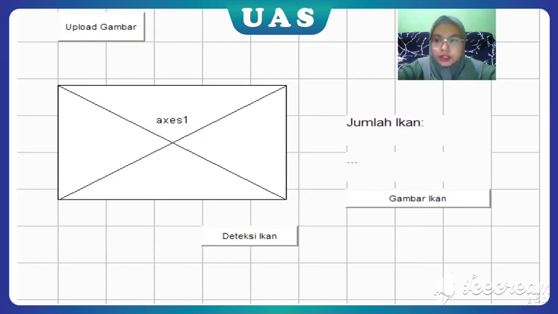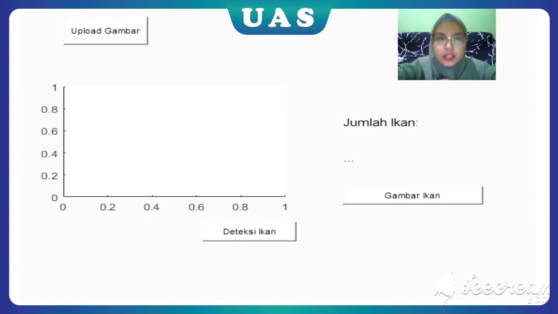In this section, there are several buttons, that is axis 1, and then the static text and other buttons. And here is the second image, that is the first display of the GUI.